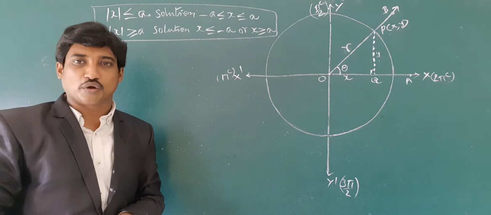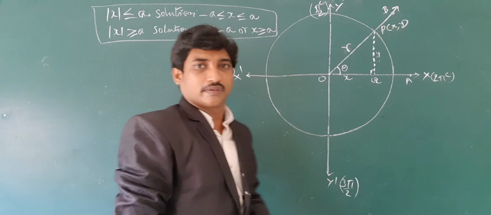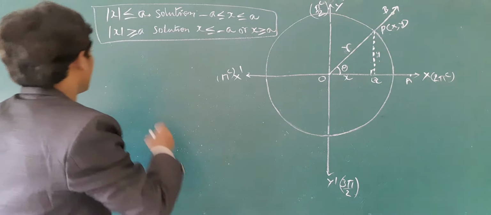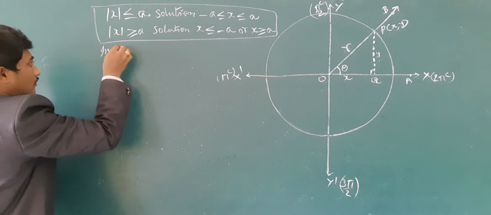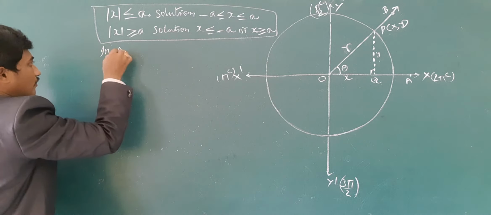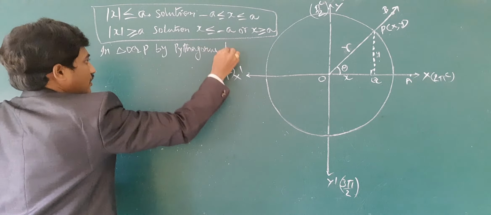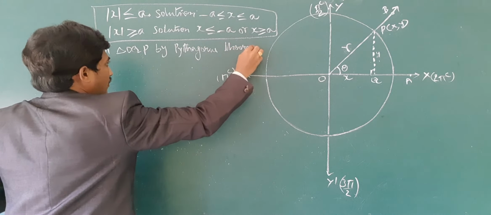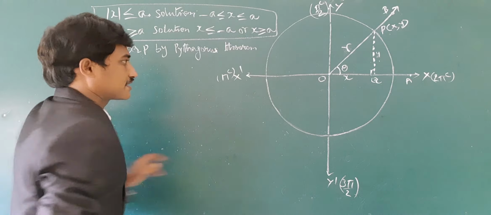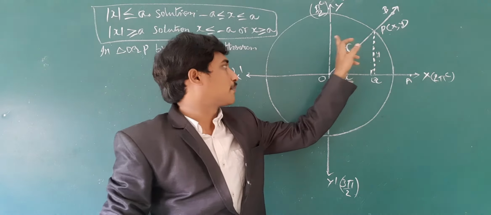See, in triangle OQP, I am applying the Pythagoras theorem. By Pythagoras theorem, we know side square plus side square is equal to hypotenuse square.